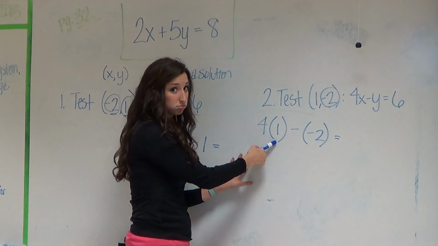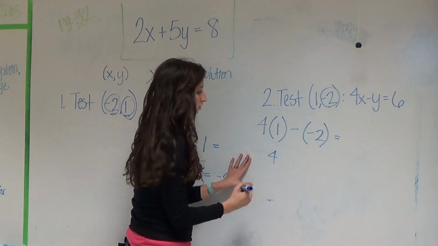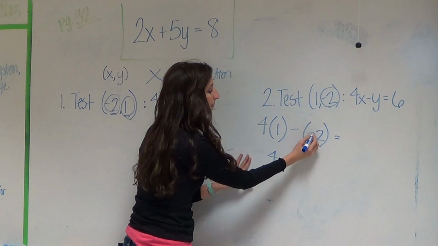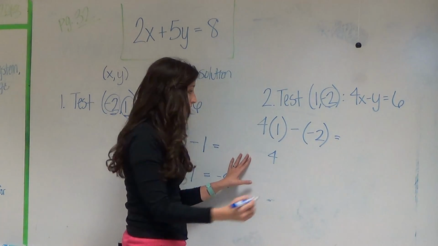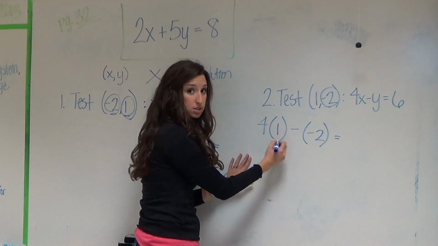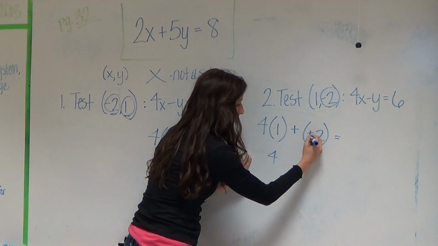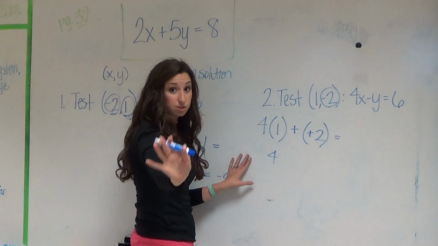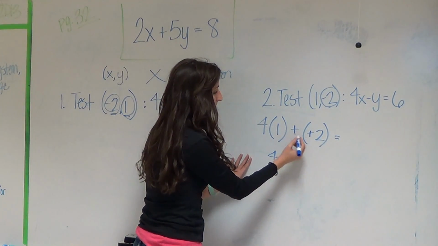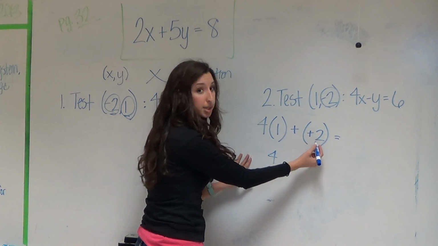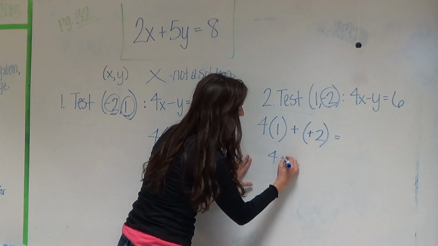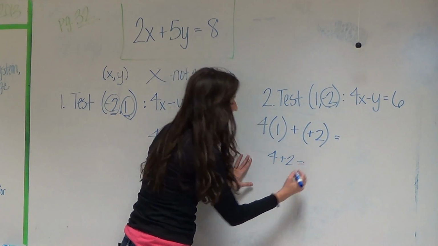4 times 1 is 4, and then minus a minus. If you remember my rule, we leave the first thing, change the sign, and flip to the opposite. Otherwise, you could use your calculator, it'll give you the same thing. If I have minus -2, it just makes it +2. 4 plus 2 equals 6.